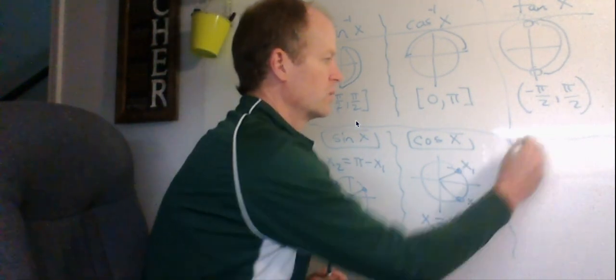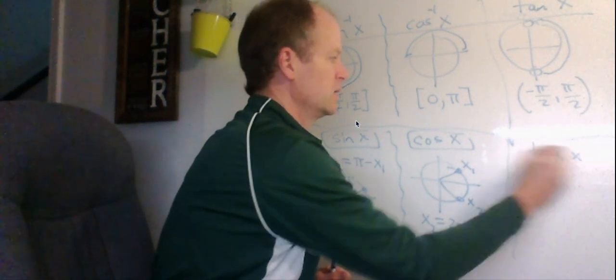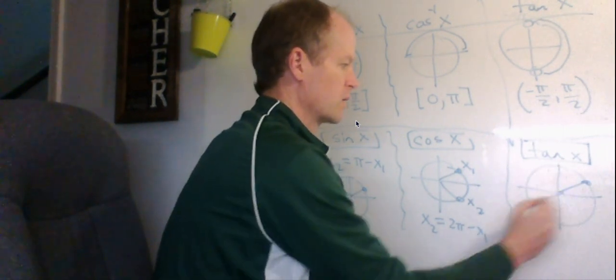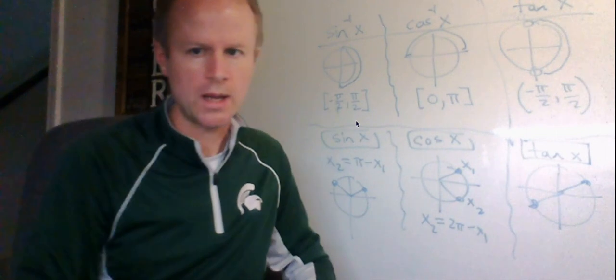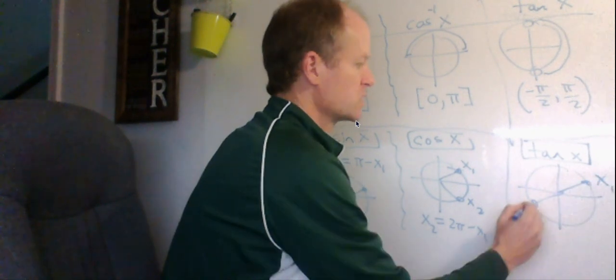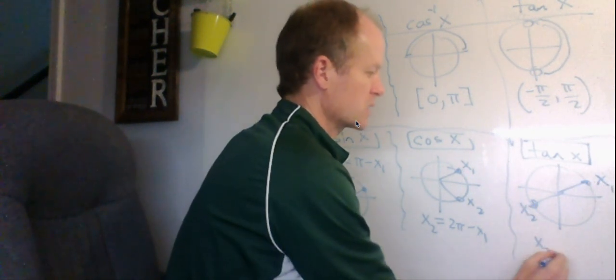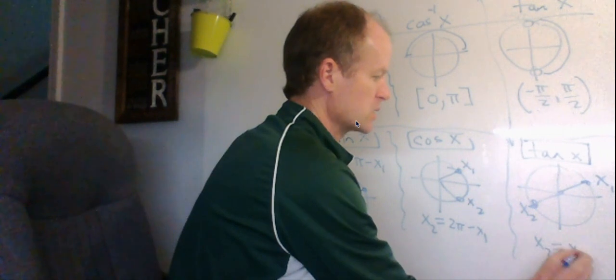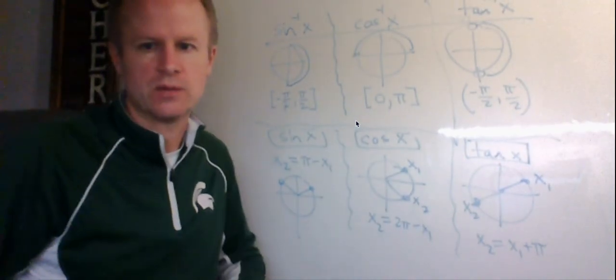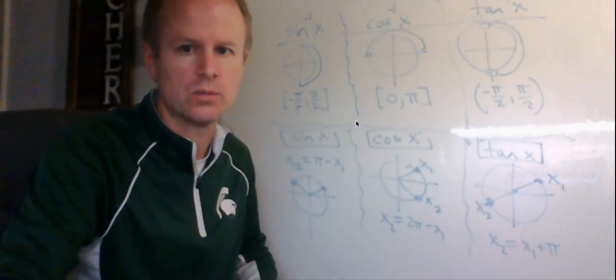Okay, and then the third one, when I'm solving tan equations, remember tan is slope, so here's my first solution and here's my second solution. This is the airplane idea, so if I have x1, x2 is going to be x1 plus pi, and that will tell me what other angle has the same slope.